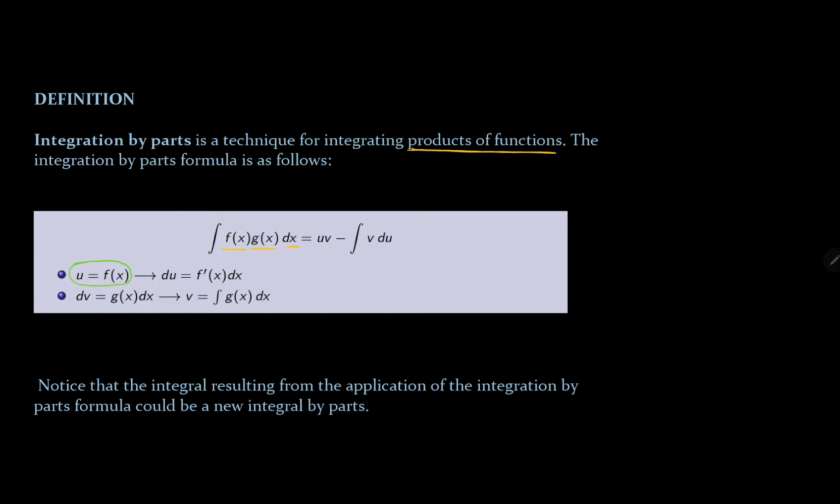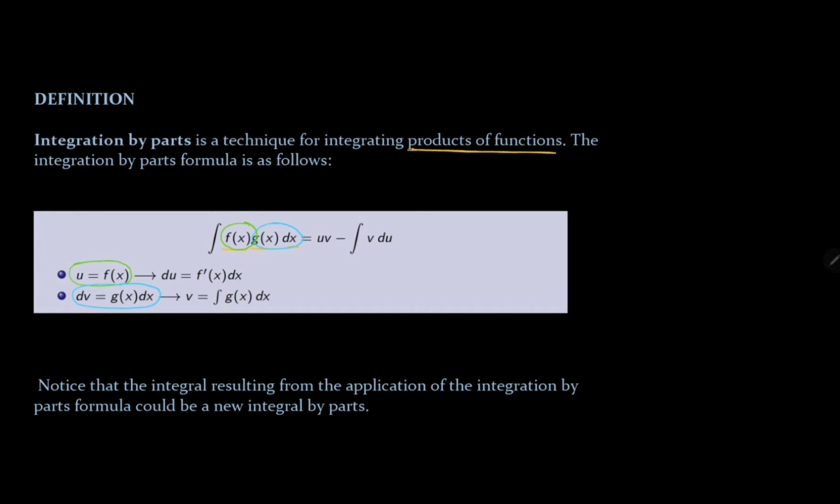And next we pick the function g of x joined with the differential dx, and we denote that block by dv. This is usually how you find the formula in textbooks, and the way it's easier to memorize.